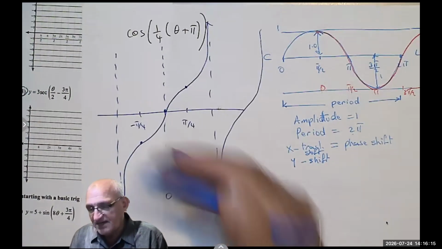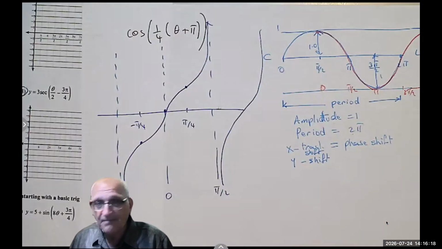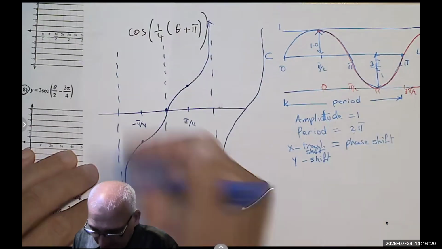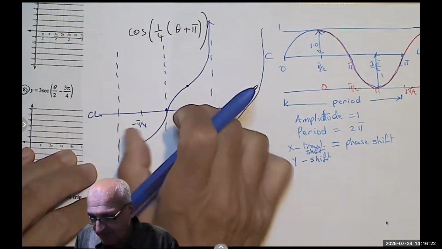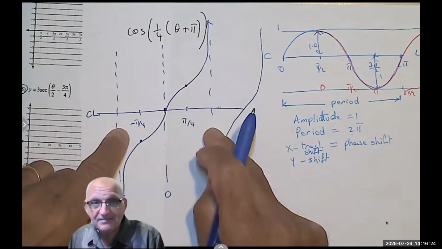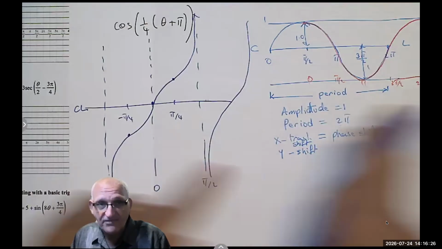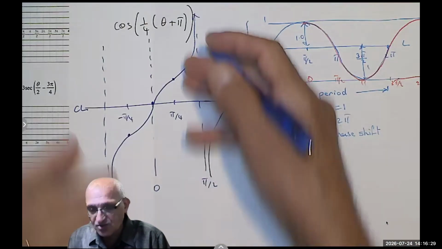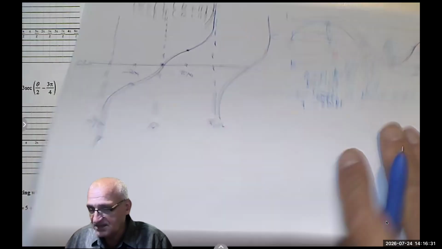Okay. So we don't have an amplitude. We have a center line that can change, and we have a period of pi that may change. Also a phase shift. But of course, since you go to infinity and negative infinity, there is no y shift.